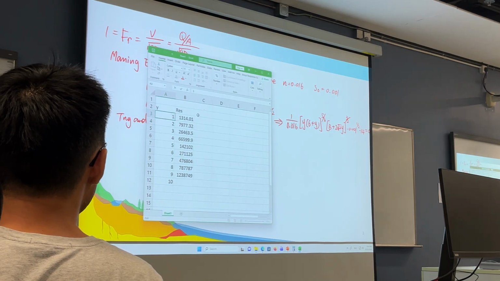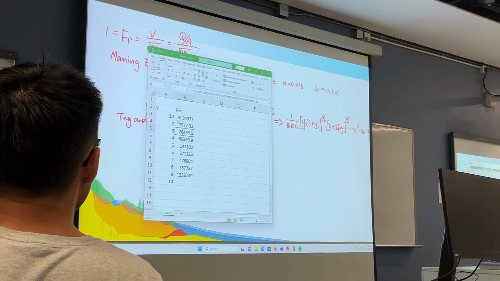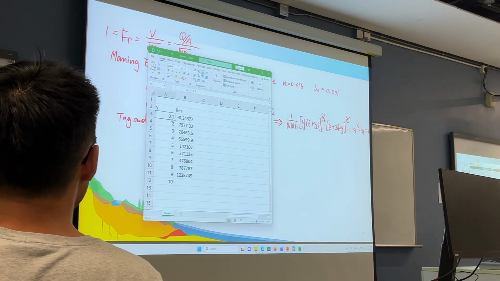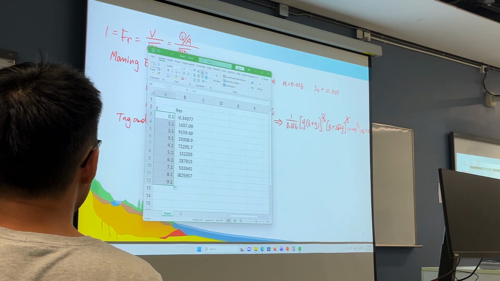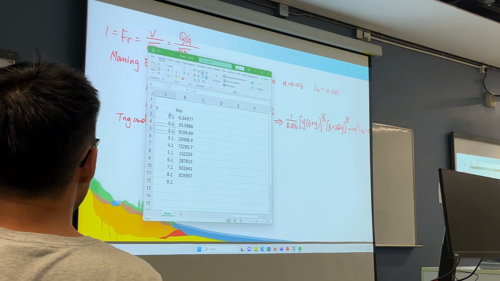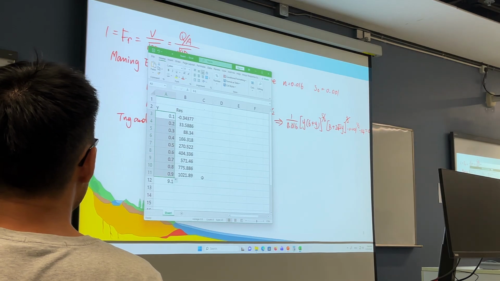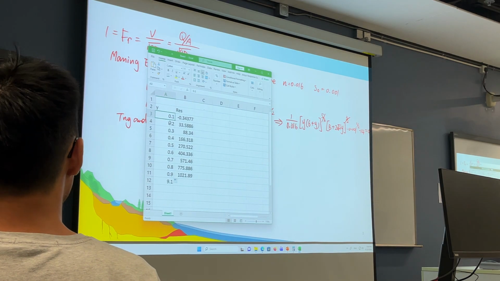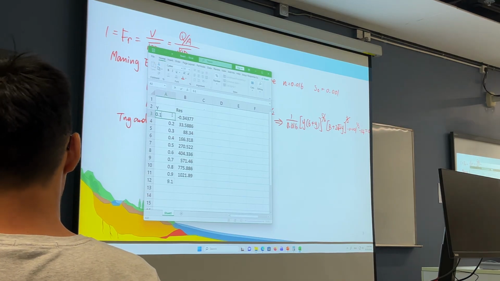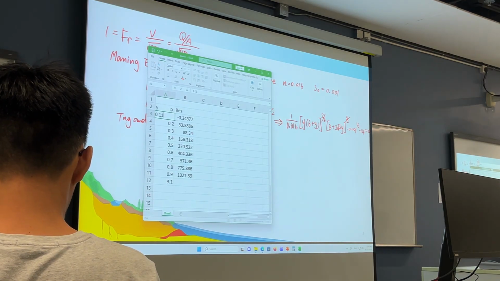It may be a smaller y, okay? 0.1, 0.1 becomes negative. So we see that it's in between 0.1 and 0.2, okay? So then we can add another level, 0.11.